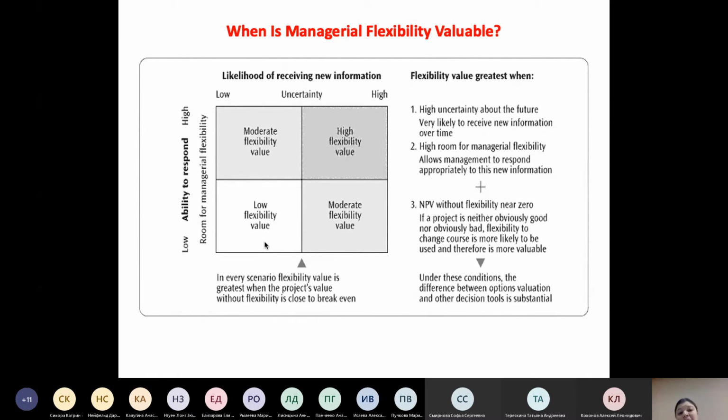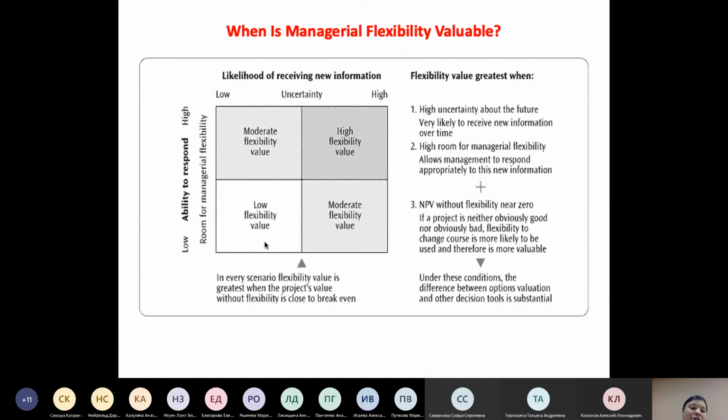With increasing of our uncertainty, but with a stable low level of our ability to respond, to react to our conditions, or with the increasing of our ability to answer for uncertainty, but a lower level of uncertainty, we'll need moderate flexibility value. It means for us, it's not necessary to find our real option flexibility, and we have to realize our investment project.